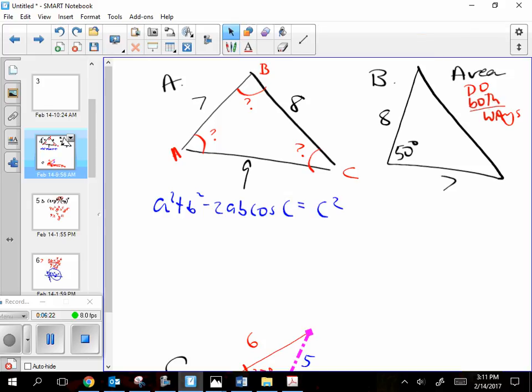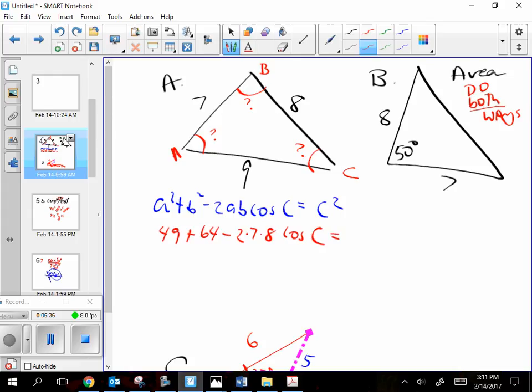Just to keep it simple, I'm going to make A the smallest one, which is 7, so that's 49, plus B, 8, 8 squared, 64, minus 2 times 7 times 8 cosine of C equals C squared, and that's the 9. Actually, maybe I should be careful with this because I have it labeled with A, B, and C. Okay, I'm sorry.